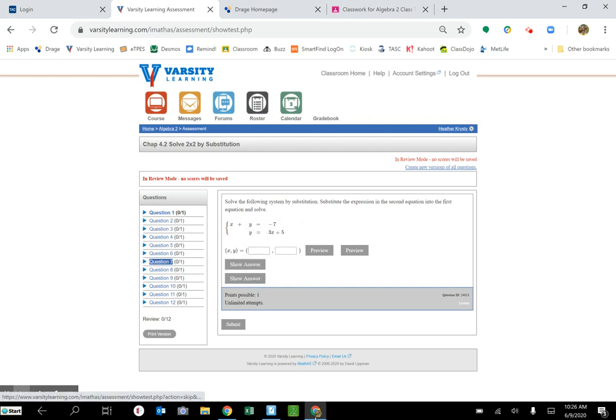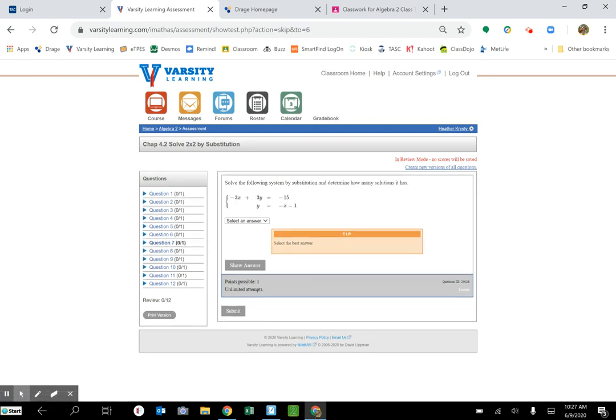When you get to question 7, it's simply going to say solve by substitution and determine how many solutions it has. Does it have 0, meaning it is no solution? Does it have 1, meaning you get an x, y answer? Or is it infinite, like our first one?